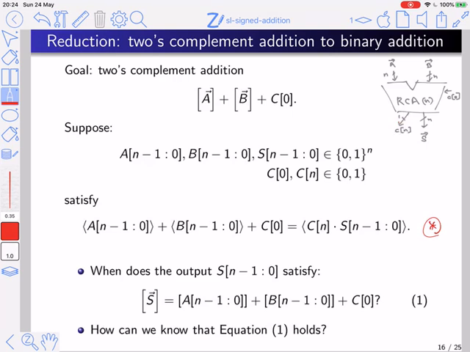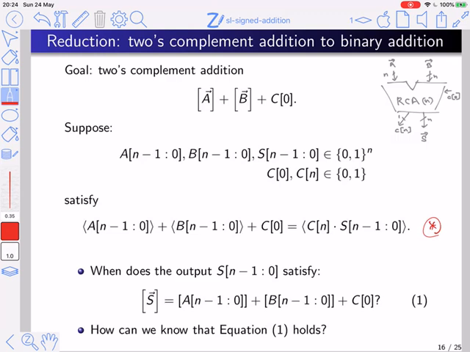Now, the adder tells me that the sum of the numbers represented by A and B in binary representation plus C0 equals the number represented in binary representation by the string obtained by concatenating Cn with S from position n minus 1 to 0.